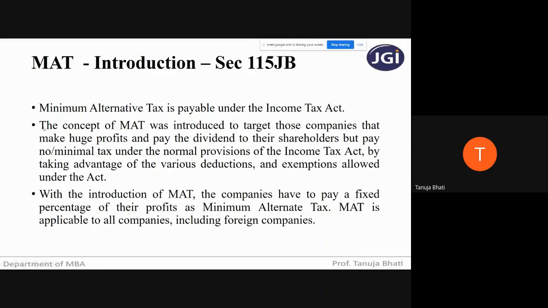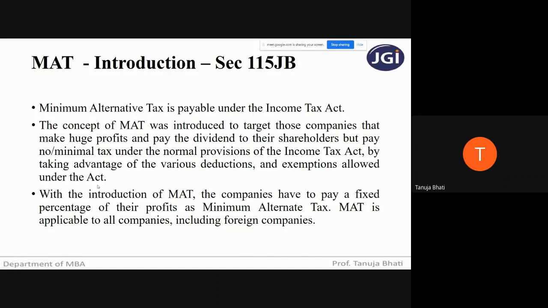So let me read the second sentence. The concept of MAT was introduced to target those companies. When I say companies, that means MAT is applicable only to companies that make huge profits and pay the dividend to their shareholders, but pay no tax or minimal tax under the normal provisions of Income Tax Act by taking the advantage of various deductions, exemptions allowed under the Act.